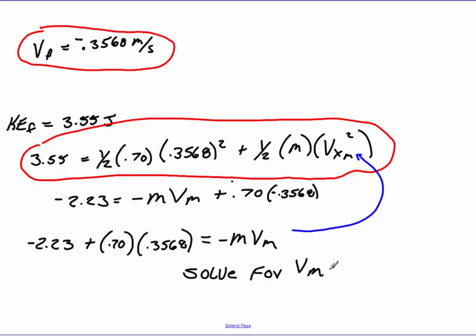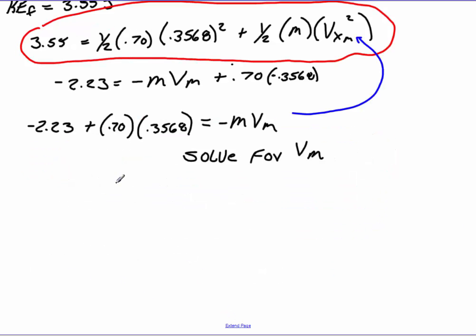So I got negative 2.23, and then plus 0.7 times 0.3568. When I do that, that's going to give me negative 1.98024 over m, which is equal to Vm.